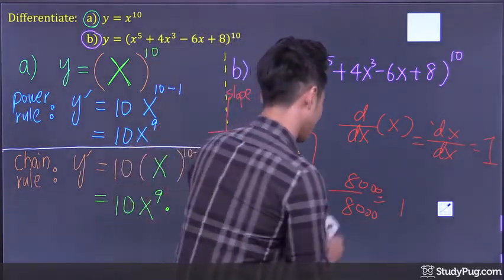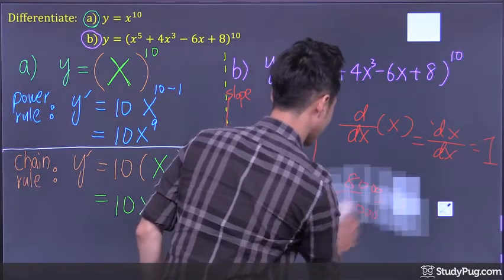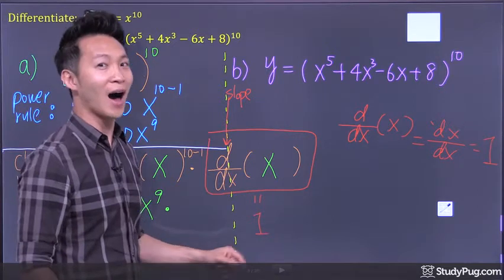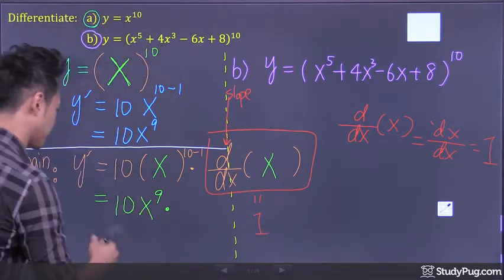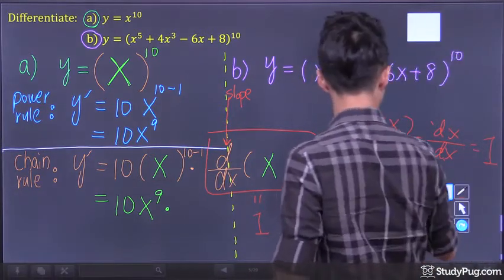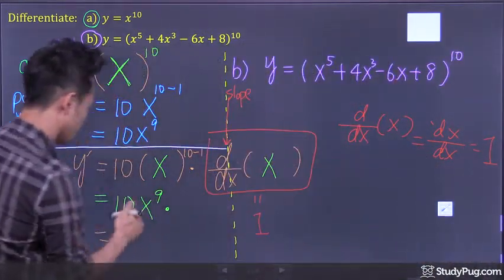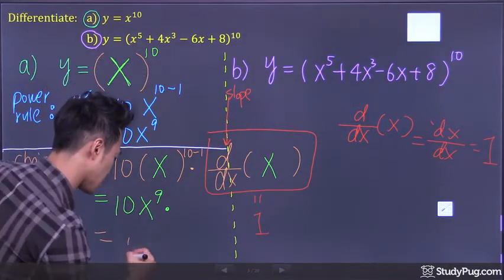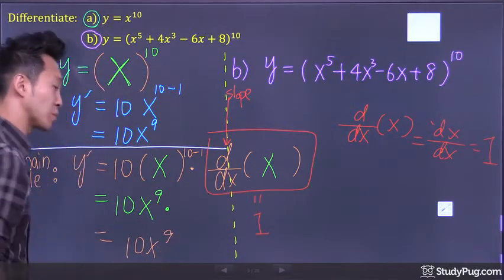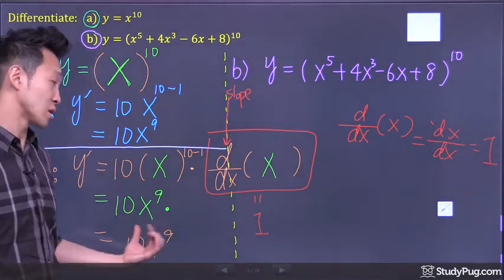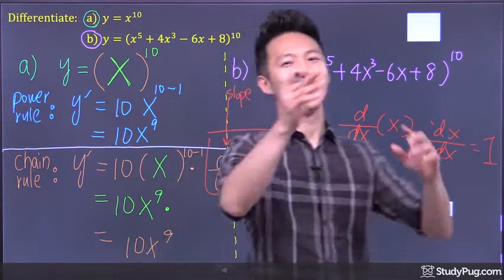So here, dx over dx is 1. So the final answer we have is 10x to the power of 9 times 1, which is just 10x to the power of 9, right? Because anything times 1 is just itself. Times 1, nothing changes.